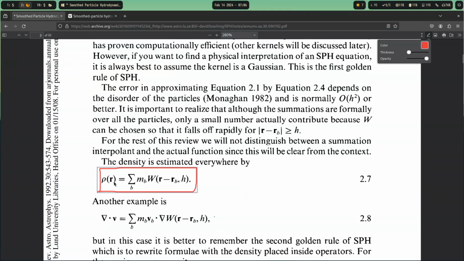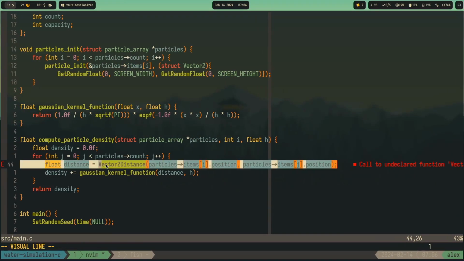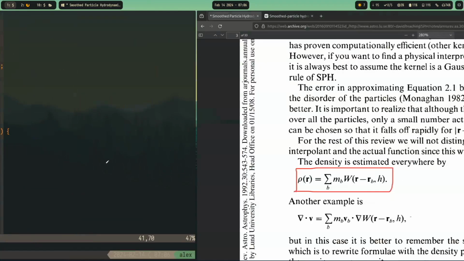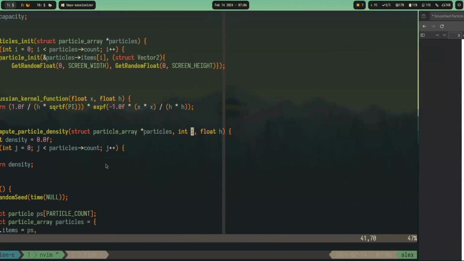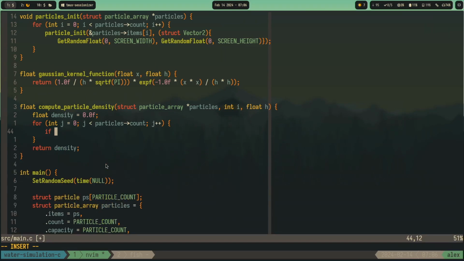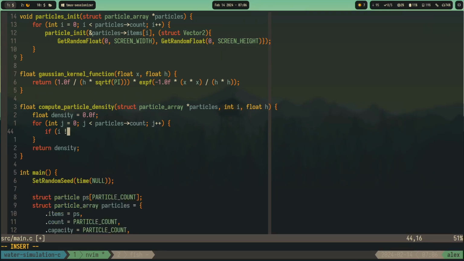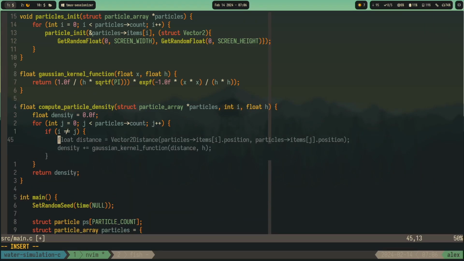So we start with a density of 0, then we have to do a for loop through all the particles, and i is the index for which we want to compute the density. So basically, if i is not equal to j, or if i is equal to j, it's the same thing, depends if you want to use continue or not.